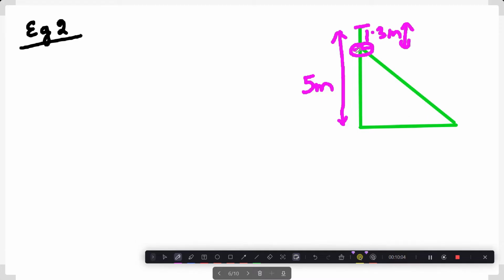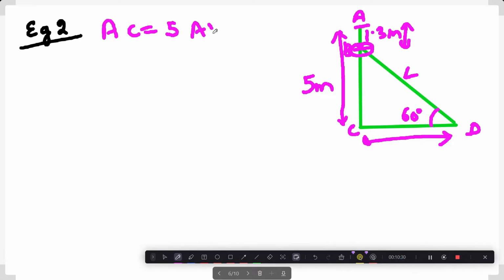And she needs to incline the ladder such that the angle is 60 degree, right? So we need to find out the length of the ladder and the distance of the foot of the ladder from the foot of the pole. All right. So let's just name this A, B, C and D. AC equal to 5, AB equal to 1.3.